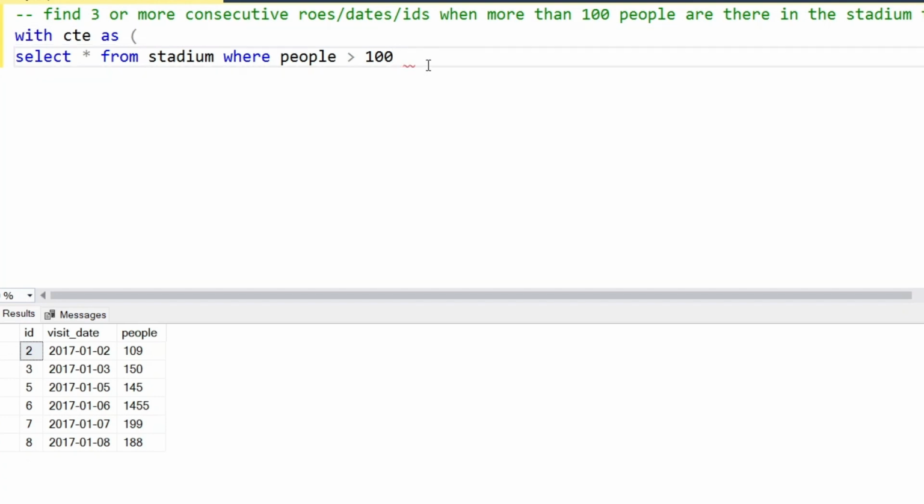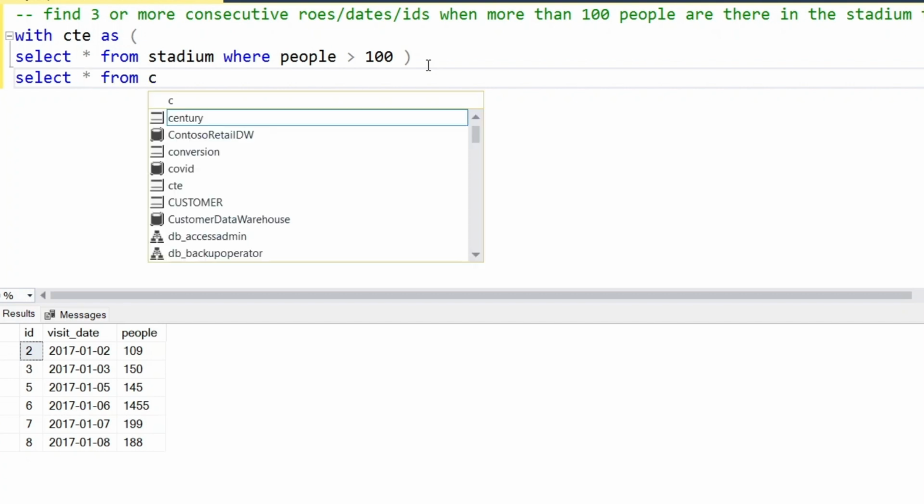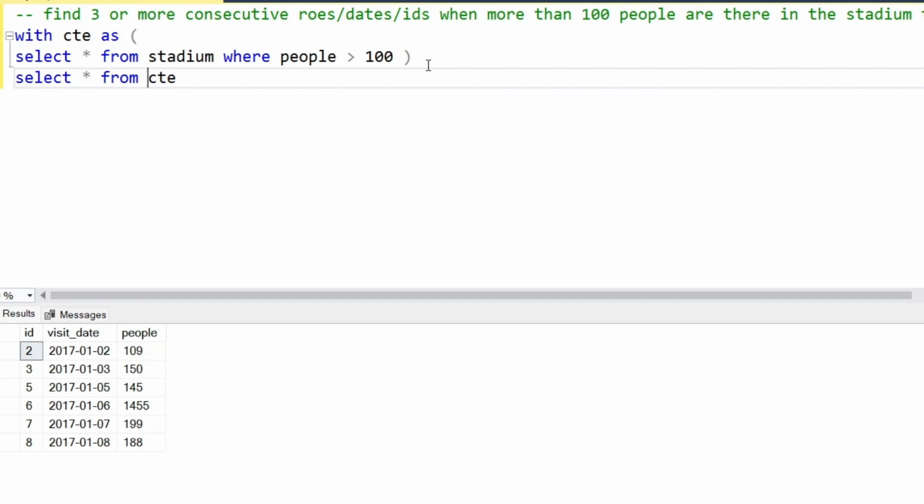With that logic we will check whether the rows are in a consecutive order or not. So we will give the row number here, and the over clause, order by ID. Sorry.